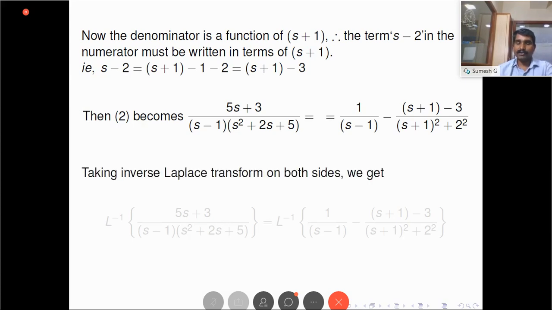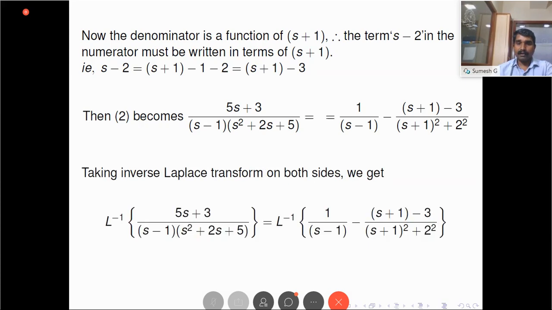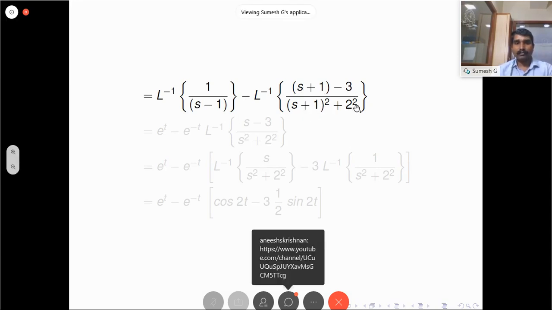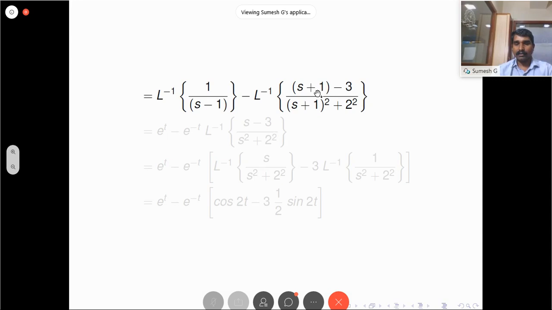Taking inverse on both sides, we obtain an expression like this. Here we can apply the linearity property. It becomes inverse of 1 by s minus 1 minus inverse of s plus 1 minus 3 followed by s plus 1 whole square plus 2 square. Consider the second expression. The second expression is a function of s plus 1.